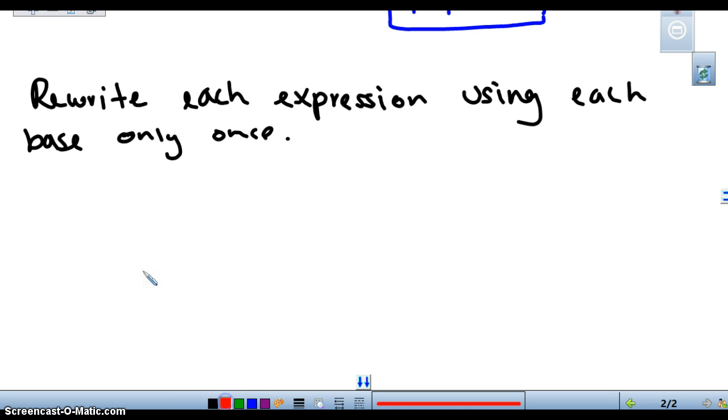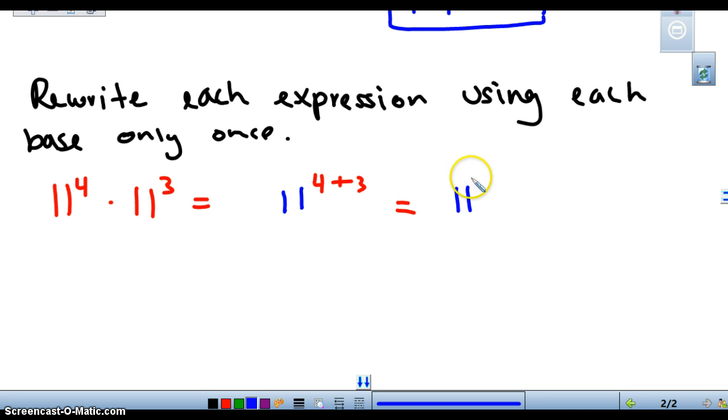If you have to rewrite 11 to the 4th power times 11 cubed, what is the base here? 11. And when we're multiplying exponents, what do we do to the exponent? We add the exponents. This would equal 11 to the 7th power, because the instructions just say rewrite each expression using each base only once.